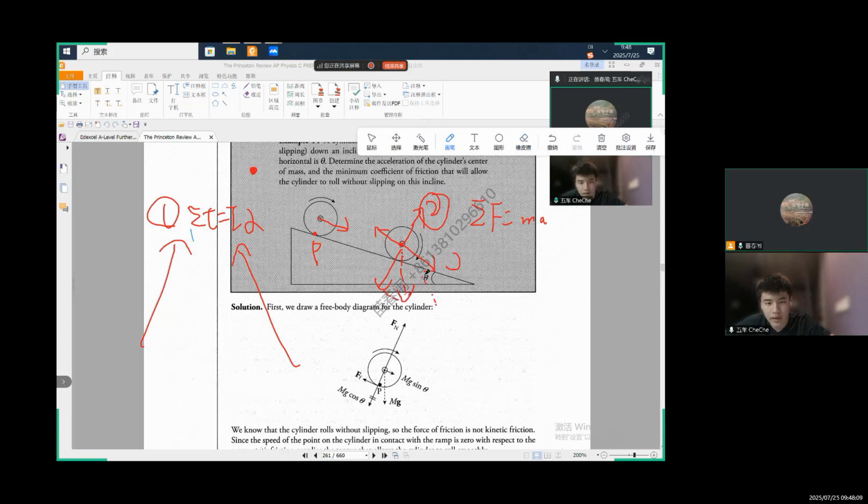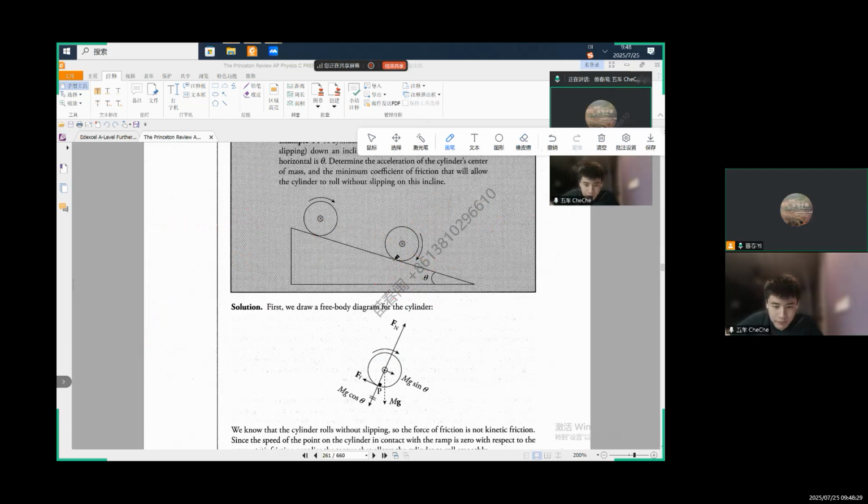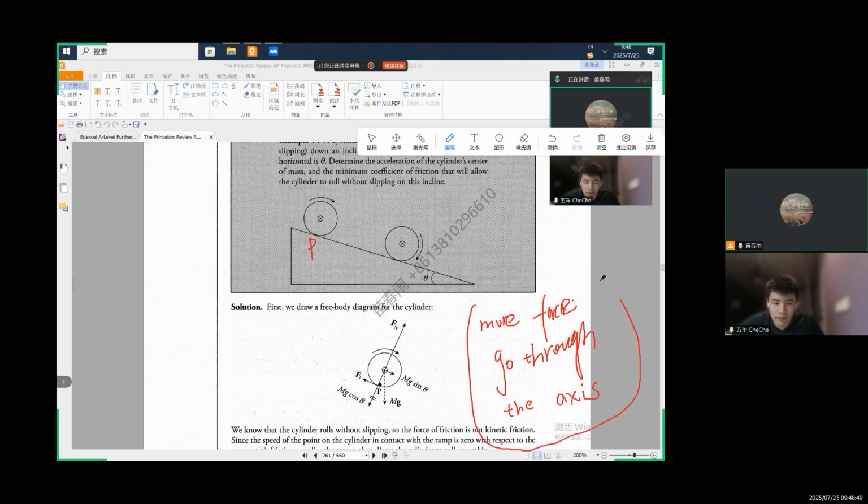You'll see that mg sine is the only torque maker right now. And that's P. Why we choose this P is we want more force, more torque, to go through the axis.